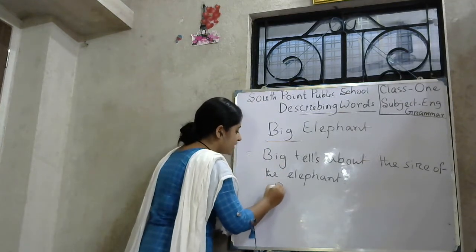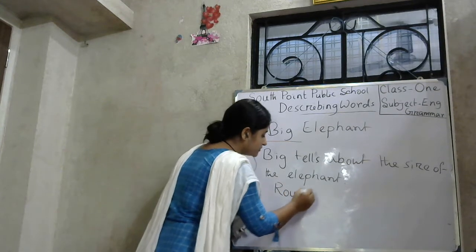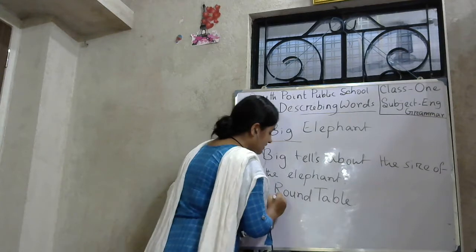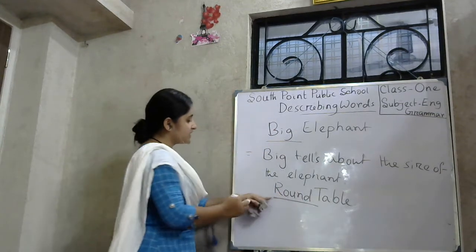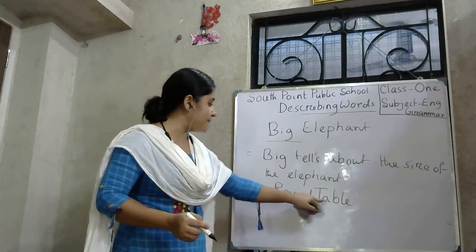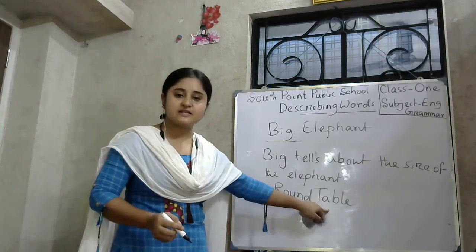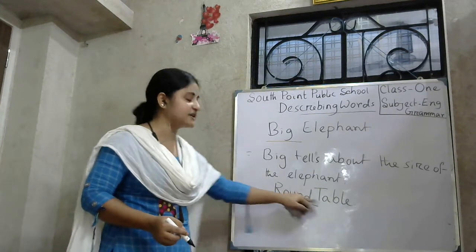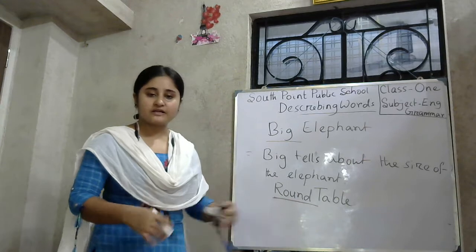Next, round table. T-A-B-L-E, table. Look at the word round. Here round tells more about the table. The table is a noun and this is the describing word and this describing word describes the table. Round table. What kind of table?